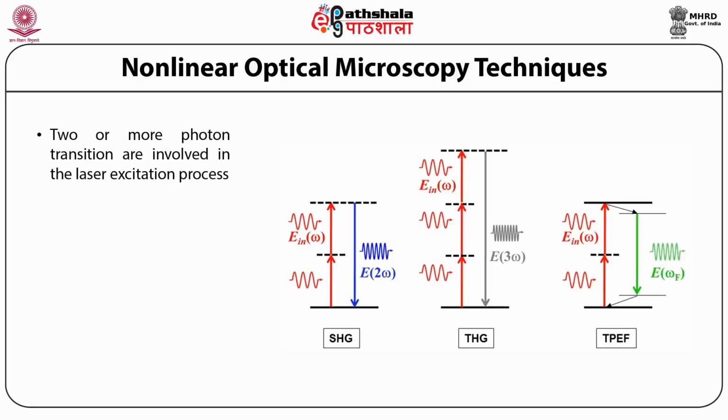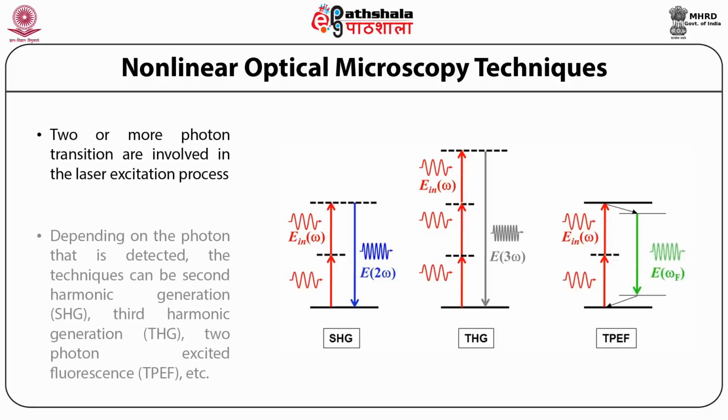So two or more photon transitions are involved in the laser excitation process, and depending on the photon that is detected, the technique can be second harmonic generation as shown here, where two photons combine in the sample and give you a single photon, shown in blue, which is the second order photon.